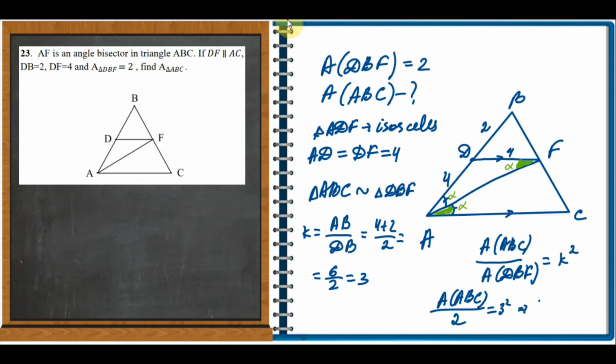So the area of ABC is just 9 times 2, which is 18. So the correct answer is 18.